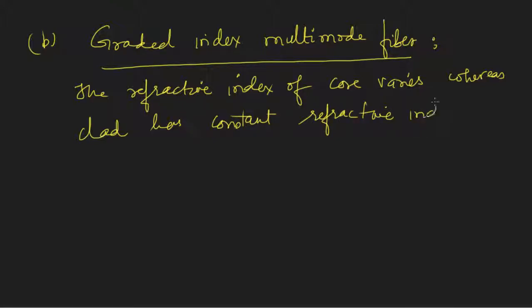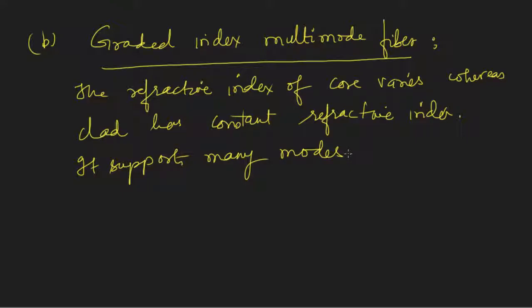And we have already seen that the refractive index is maximum at the center of the axis and it decreases towards the core clad interface. And it supports many modes because it is a multimode fiber. So the thickness is such that it supports many modes.